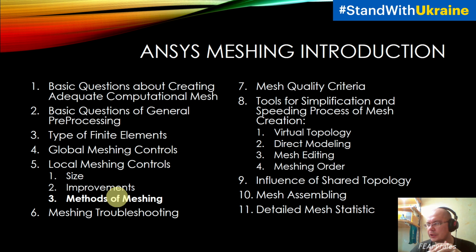To understand how we can find this problem, we will talk about mesh quality criteria and the tools and features of Ansys Mechanical and Ansys Meshing that can help here. So we will talk about tools that show the quality of our mesh and help in analyzing this quality.